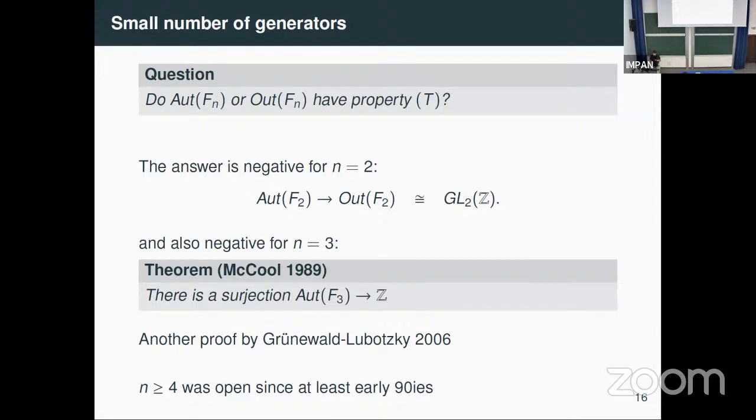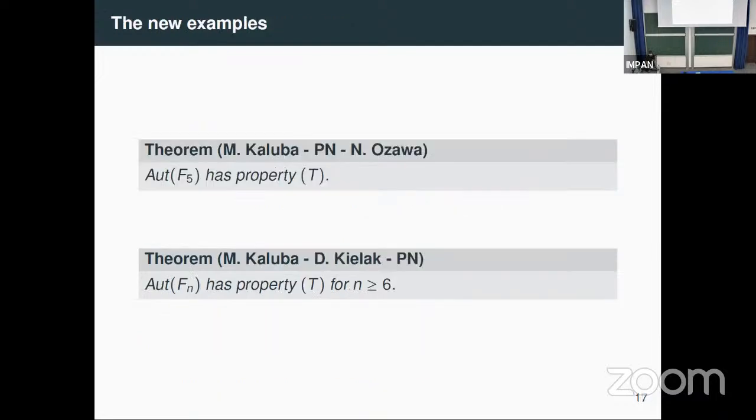This was in Alex Lubotzky's book from '94. I think he mentioned this as an open question. So the theorems that I'd like to present are answers to this problem.